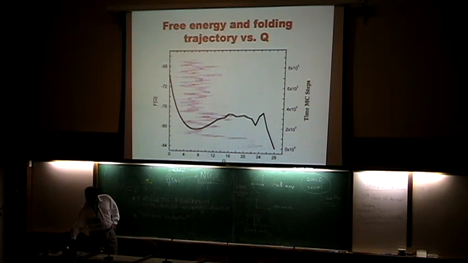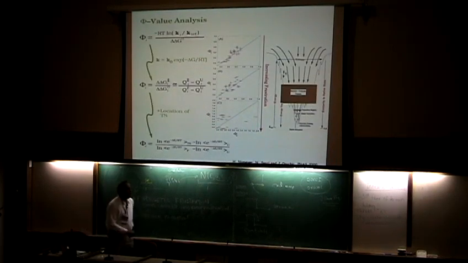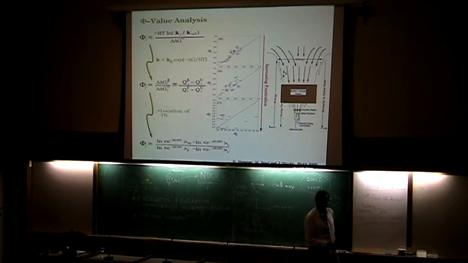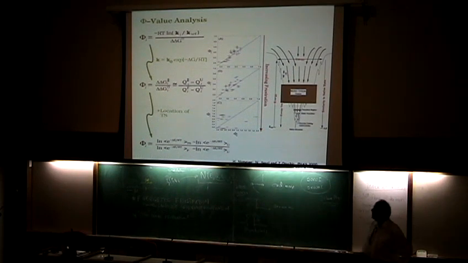So now, one last slide on the lattice, and then I'm going to try to summarize all this. This slide is one of my favorite slides. If you have me work on protein folding, there's a quantity that people call phi values. So let me tell you what phi values are.